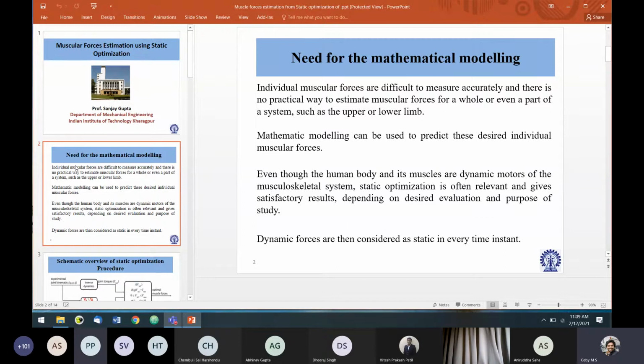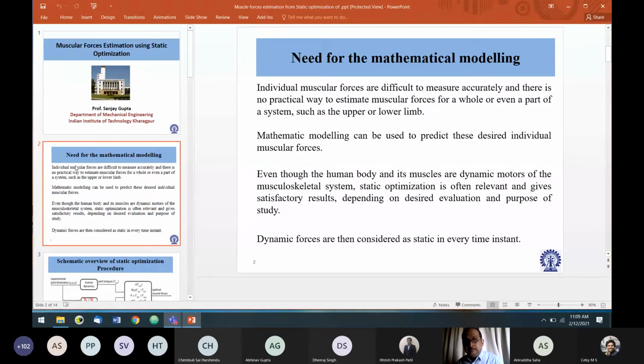So we actually simplified the equations so that we can find the unknowns using the equilibrium equations itself. But in static optimization, we are not going to take such assumptions.